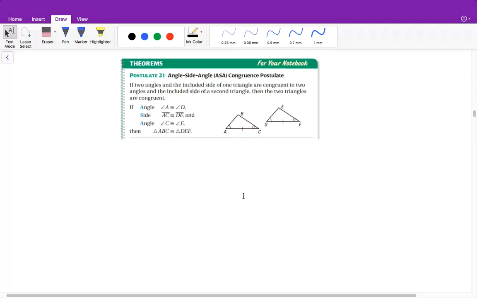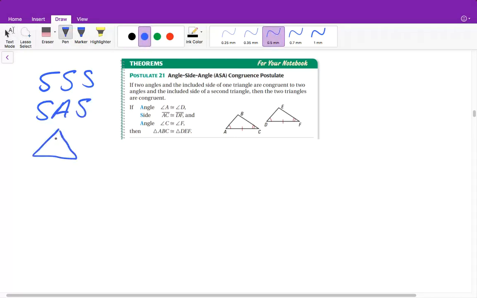All right, so we went through side, side, side. Side, angle, side, where we know that the angle needs to be the angle between the 2 sides that are congruent to each other. So it has to be the included angle. Now this one is angle, side, angle.